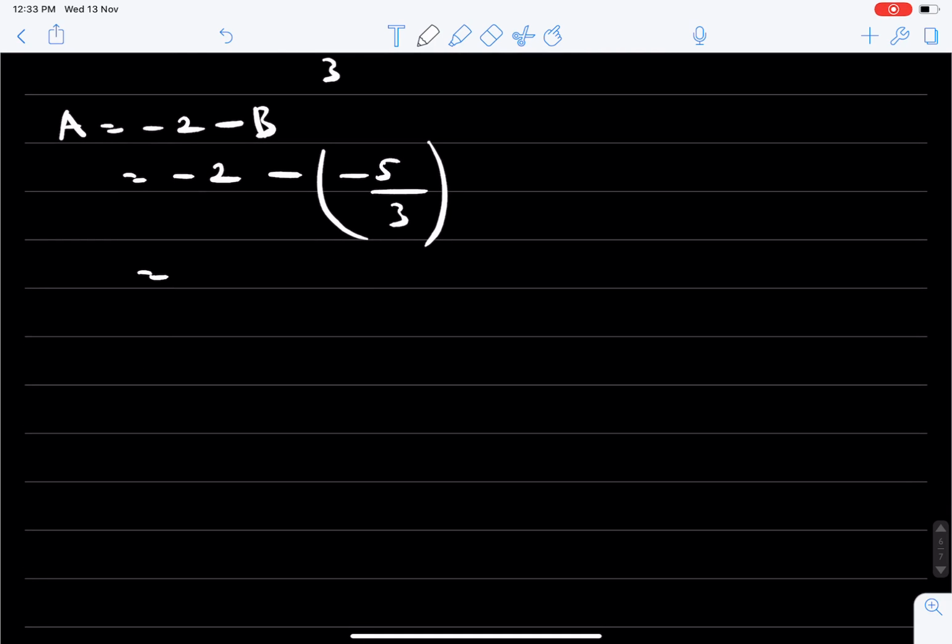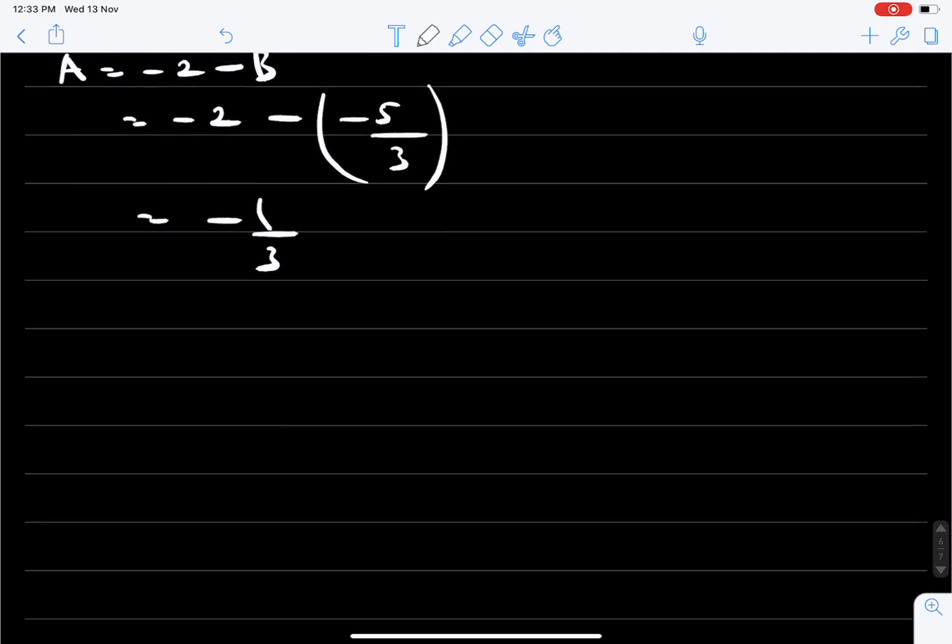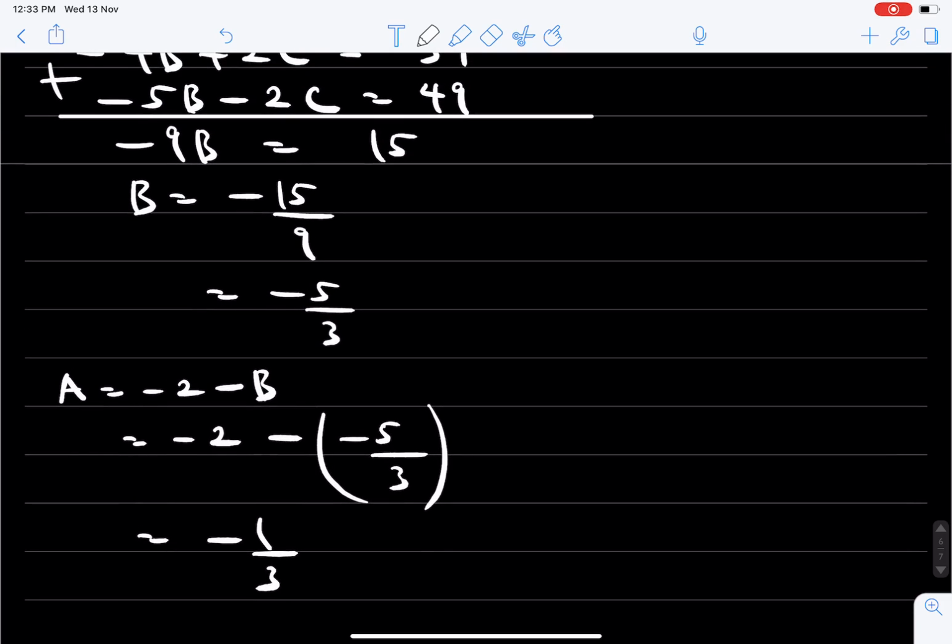Minus 2 is the same as minus 6 over 3, so minus 6 over 3 plus 5 over 3 is going to be minus 1 over 3. That's correct.